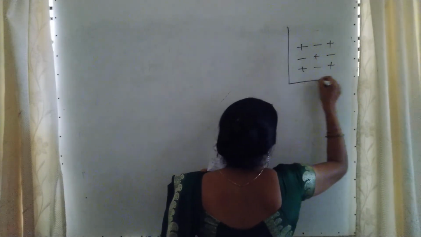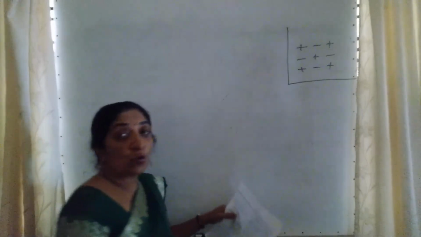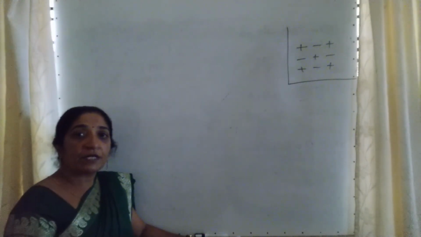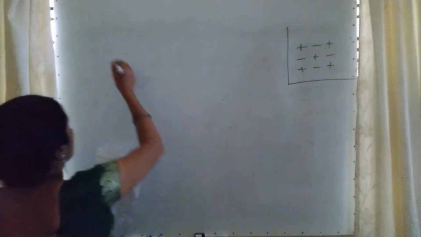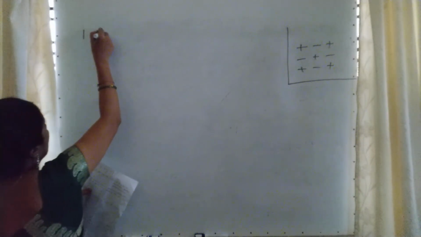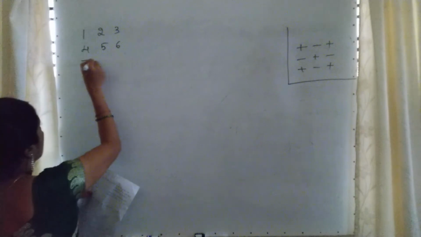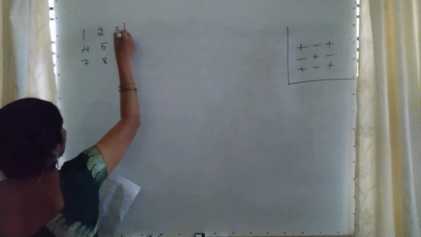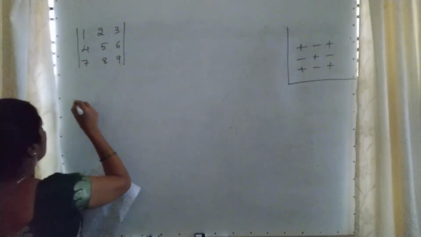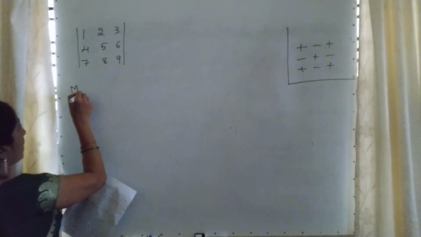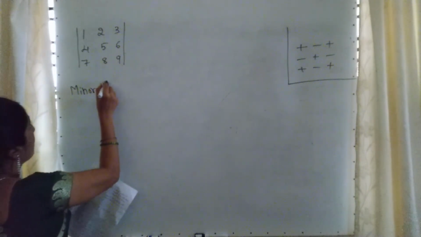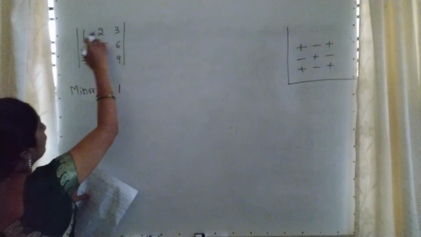For your reference, to write the cofactor of the determinant of order 3, the same example I am taking: 1, 2, 3, 4, 5, 6, 7, 8, 9. See, minor of 1, it lies in first row, first column.